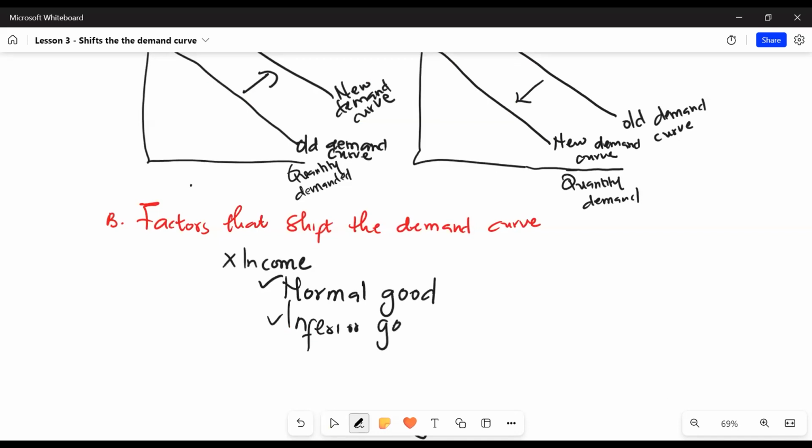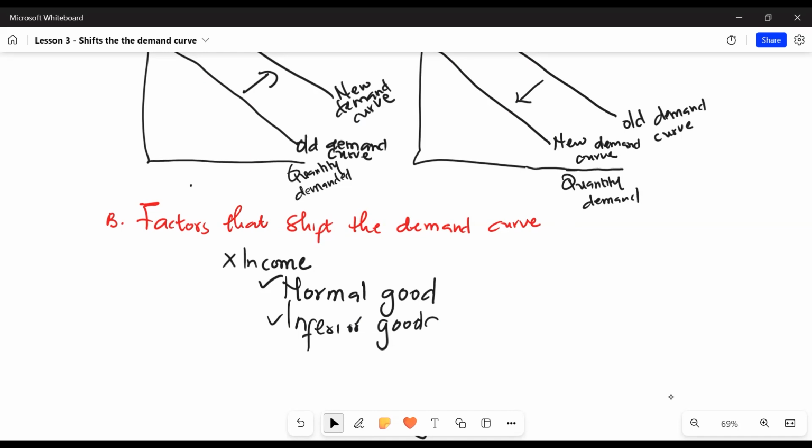Inferior goods are goods in which your demand increases when your income decreases and your demand decreases as your income increases. Inferior goods doesn't necessarily mean the good is of lower quality. It simply describes a good for which demand decreases as income increases.